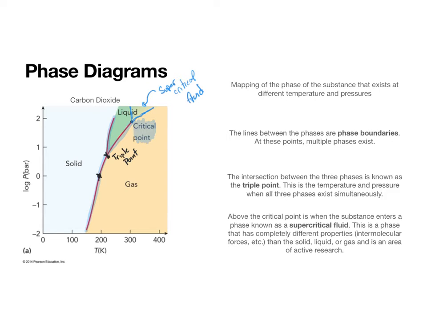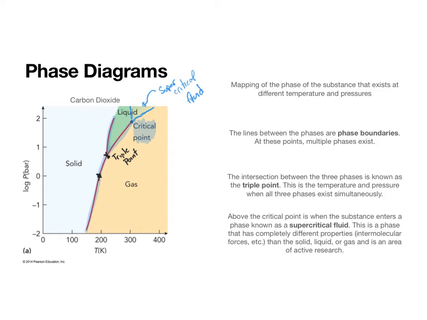Supercritical fluids behave a lot like a liquid. They have the same sorts of viscosity ideas. But in a supercritical fluid, properties such as intermolecular forces are completely different. And so we often use supercritical fluids for extractions, because things that aren't normally soluble in liquid often become soluble in supercritical fluids.